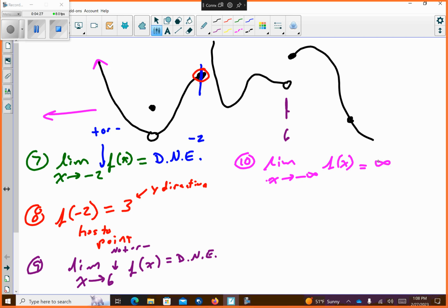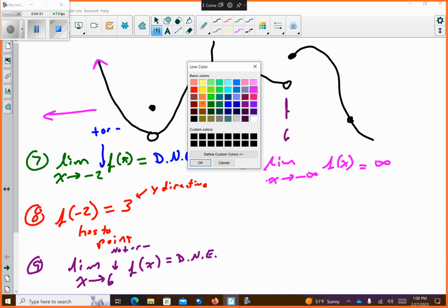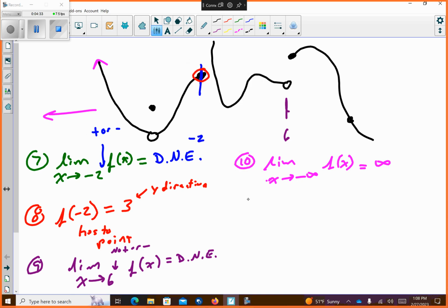Okay, and then go with orange. Number 11, we want f of 6. So we're looking at this 6. What is the exact solid dot that I'm looking for? Which is there. What is that y value? 5.